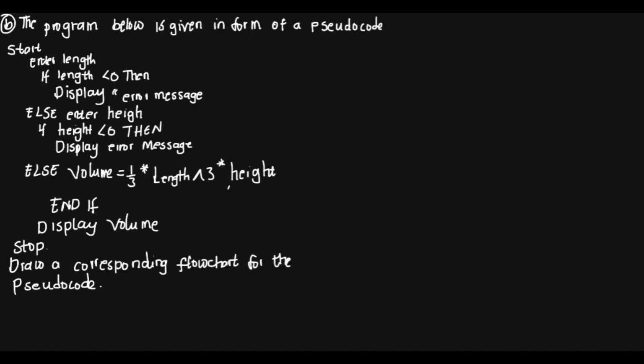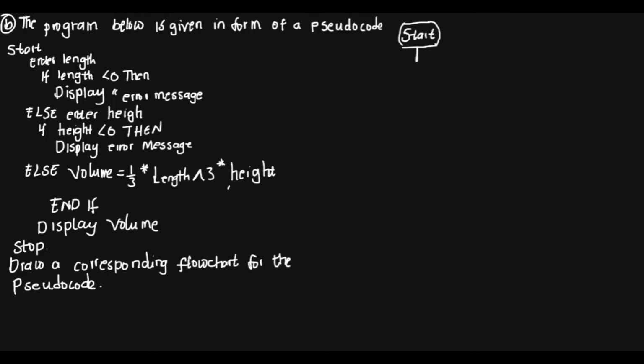So let's first begin. So from this pseudocode, our first statement is we need to start. Okay, so let's start our program here. So we can use an oval shape. So we can start.